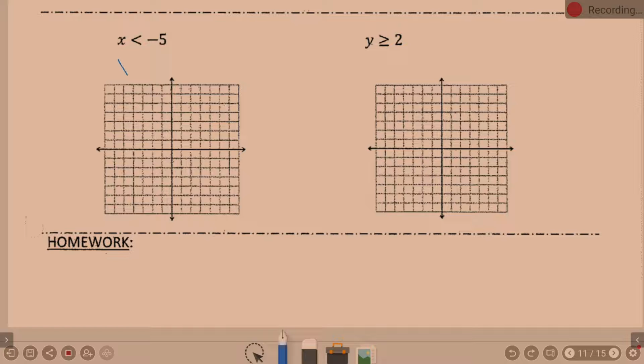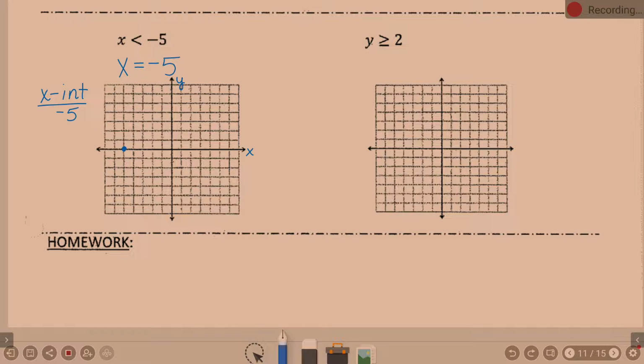So here, what does the line look like that's x equals -5? It has to cross the x-axis at -5, because it says x equals -5. So it's going to have an x-intercept of -5, which means I am going to go left.